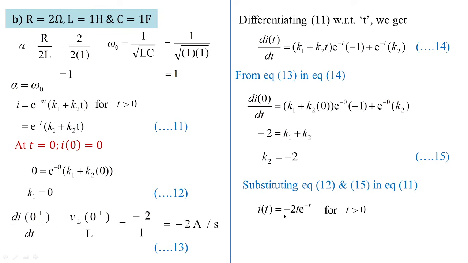So this will give you the value as minus 2 t e to the power of minus t for t greater than 0. Now this is the general solution of transient current for critically damped condition.